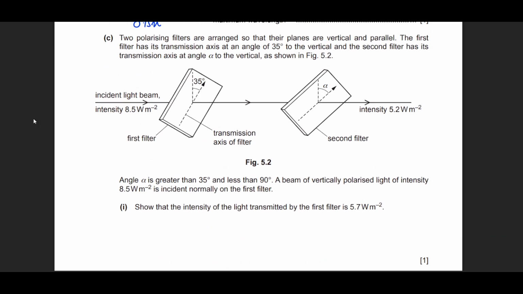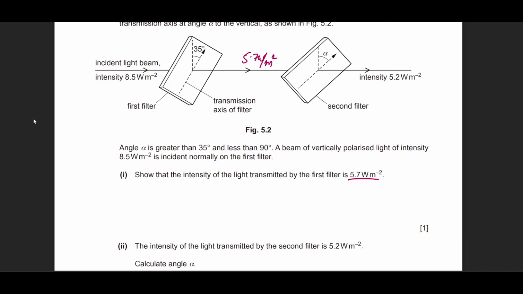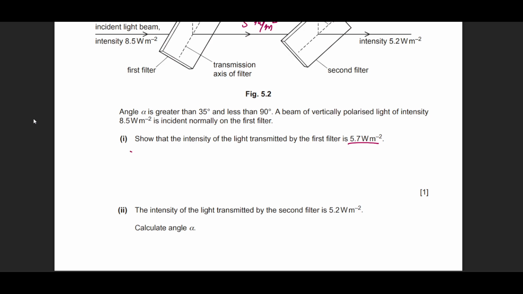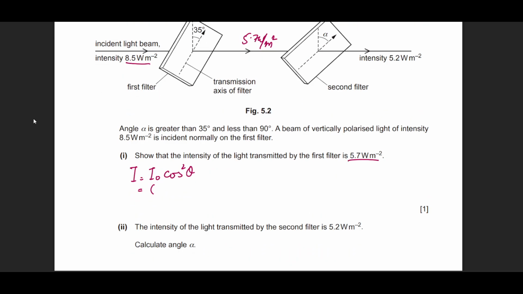This is Malus's law. He says that we receive 8.5, and at this point we are receiving 5.7 watts per meter square. Okay, so he says to show the first step. How could we do that? We have I equals I naught cos square of theta. So I naught, which we introduced into the filter, is 8.5, and cos square of the angle is 35.